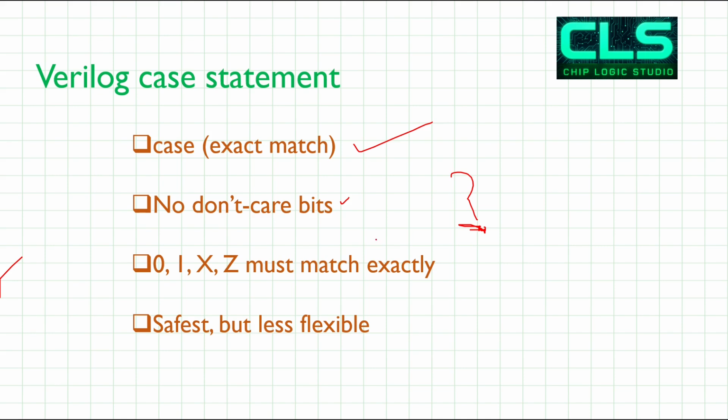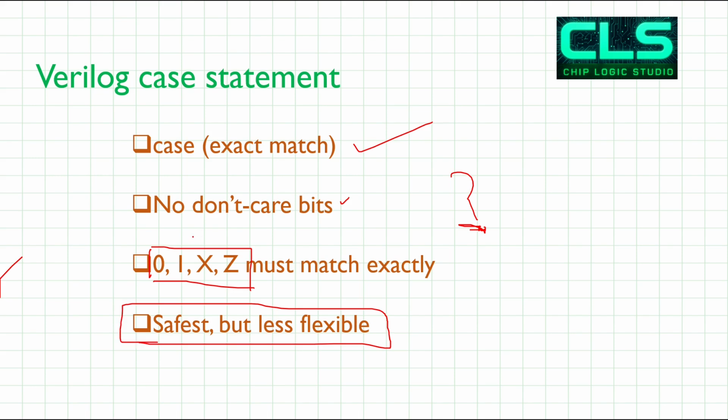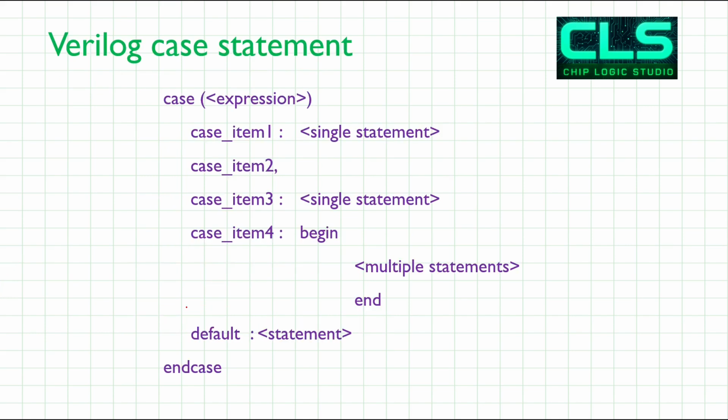But in the normal case, it will not ignore anything. It will match all of 0, 1, x and z, and then you will get the output. Safest but less flexible, because it makes an exact match of all four, so it is safest. But why it is not flexible, we will know after this.